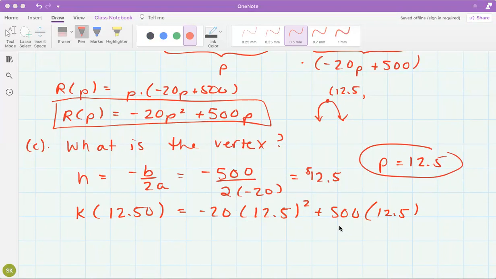This piece is 6250. And then this piece is 3125, -3125. So subtract that from 6250, and we get 3125.